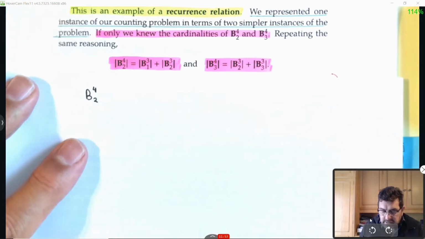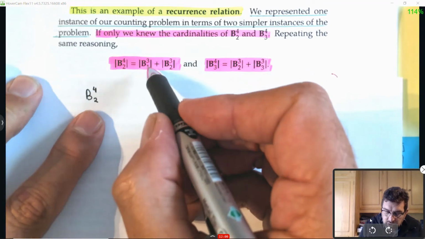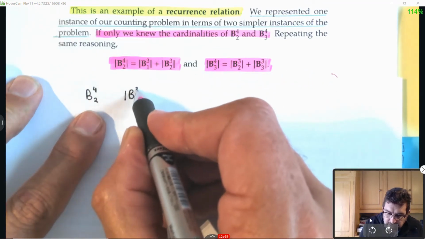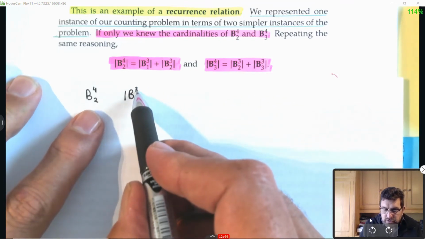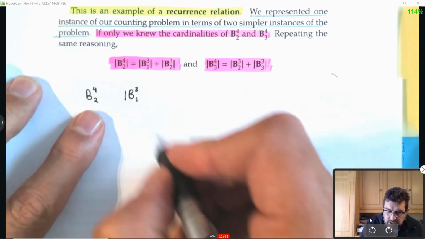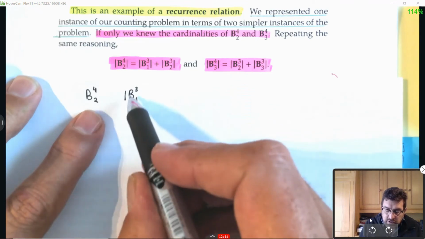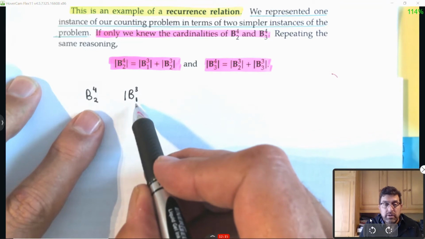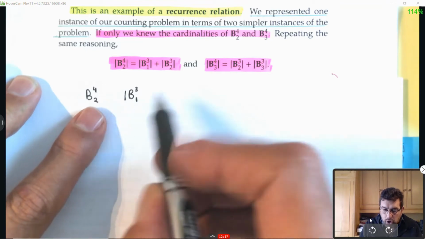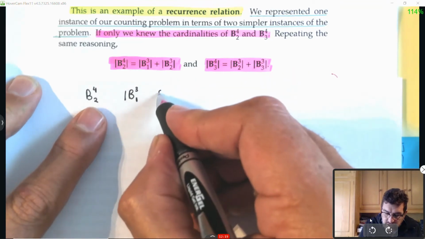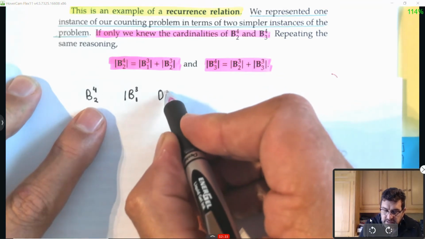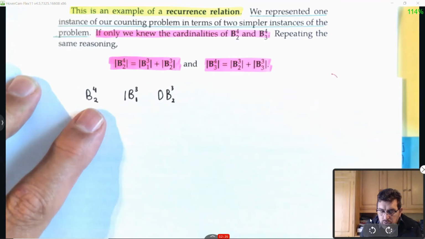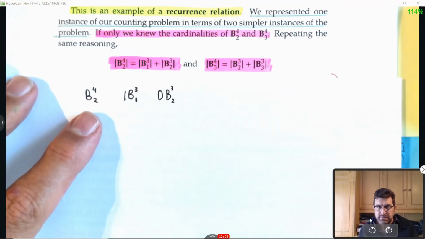If I chose the 1 first, there are 3 elements left to choose, of which only one can be 1. Or if I chose the 0 first, there are still 3 elements left, but 2 ones must be placed.